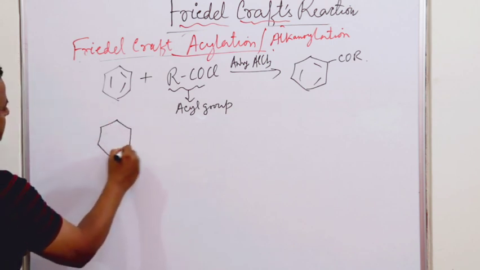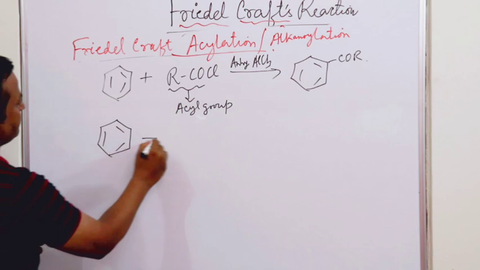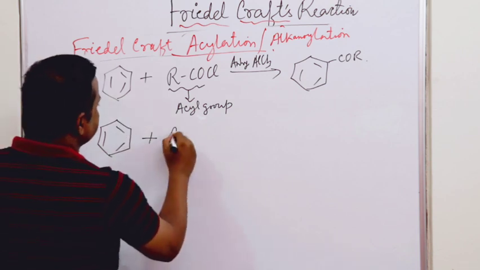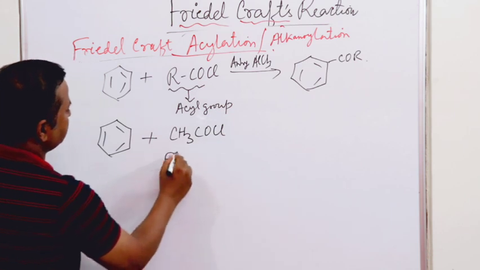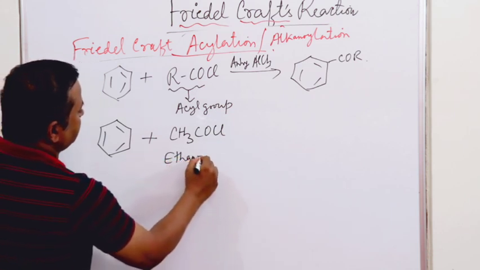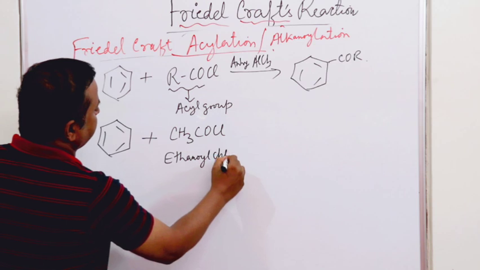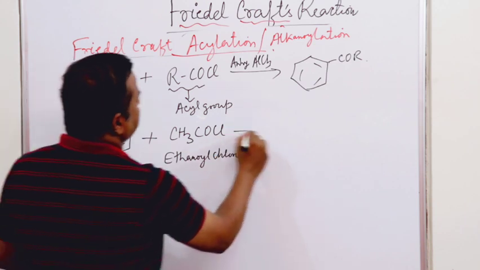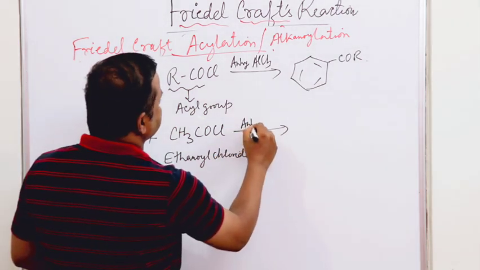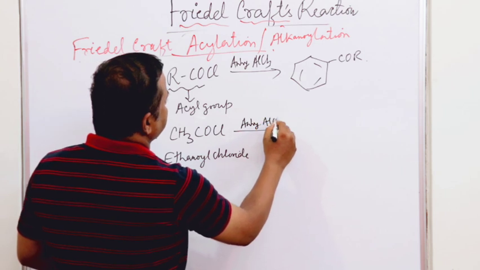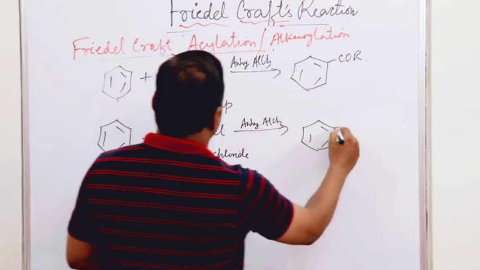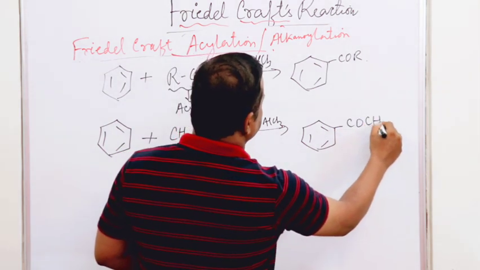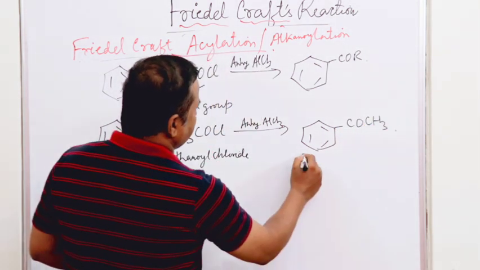For example, if we take benzene and an acid chloride like CH3COCl, this is known as ethanoyl chloride, in the presence of anhydrous AlCl3, we will get COCH3 on the ring, that is acetophenone.